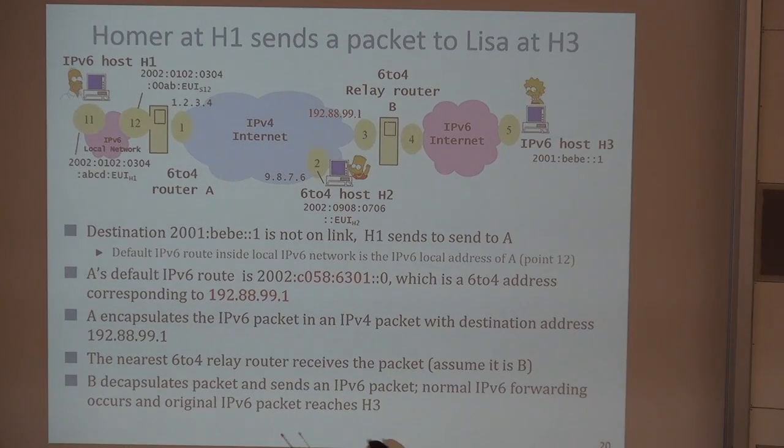So let's do the anatomy of a packet being sent from H1 to H3. The packet is sent to that address. You find it via DNS or another mechanism. So the destination address is a valid IPv6 address, which is therefore valid in this network. But how do we route to this? Well, inside your local area network, you probably have a default route to the IPv6 internet, which is your 6to4 relay router.